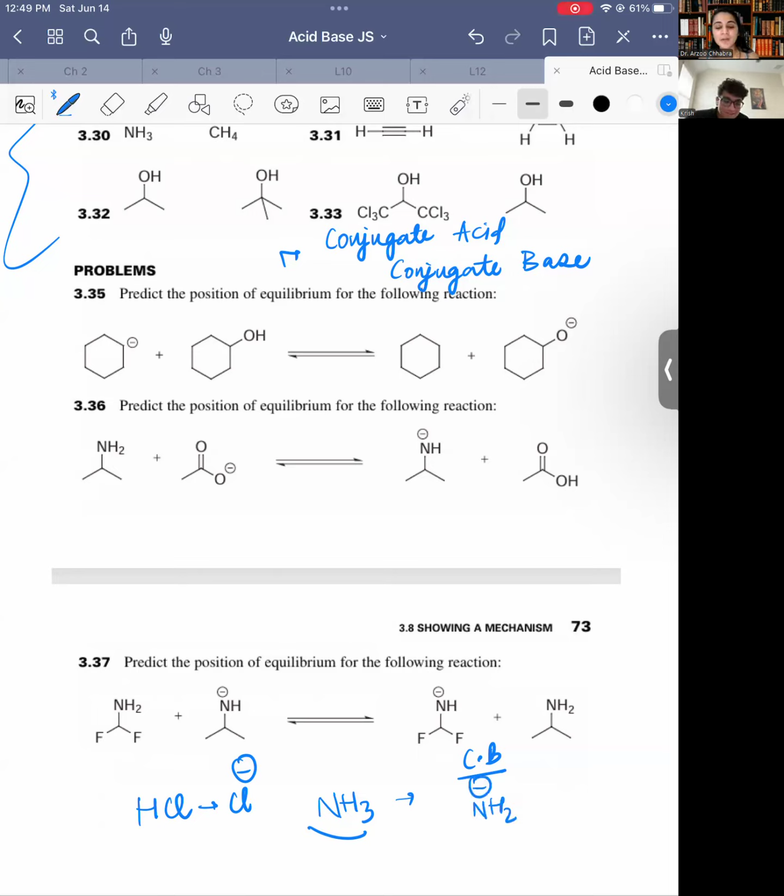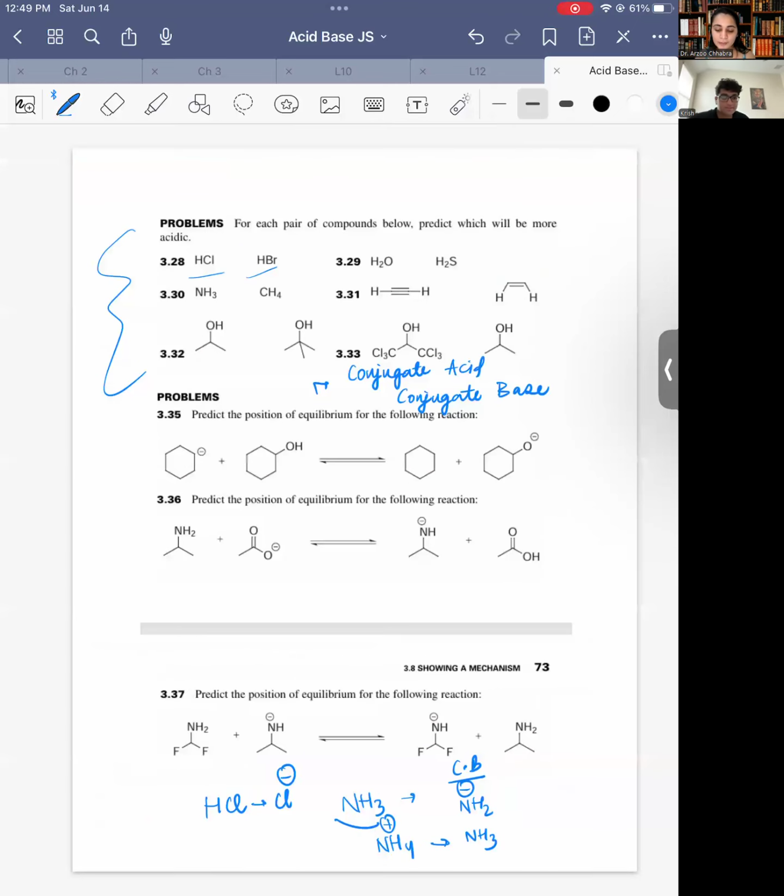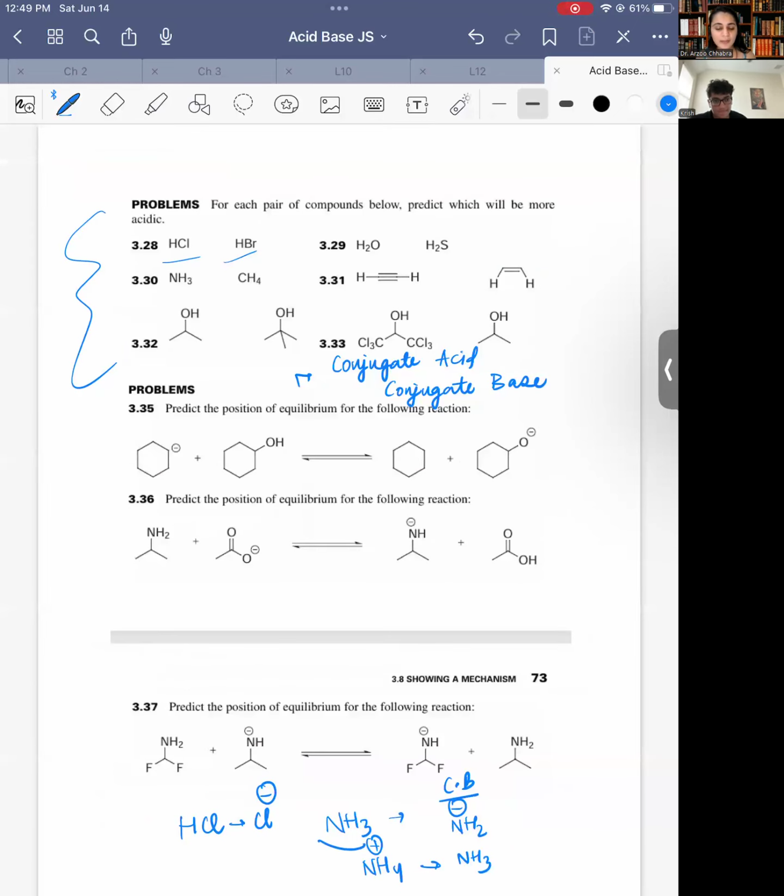So that's all you've got to know to get to any of the conjugate bases, right? If we had NH4 positive, what would the conjugate base be? NH3. That's correct. Anytime you're trying to compare acidity, you can always get to their conjugate bases and then just compare the stability of those conjugate bases. That's what we do, right?